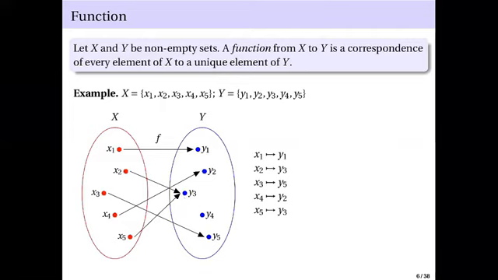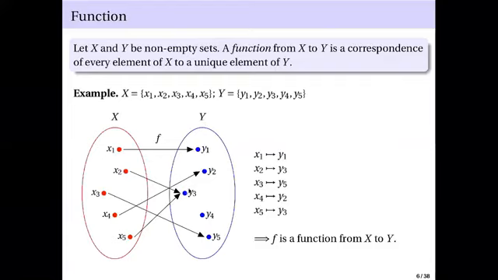So this relation f is actually a function from x to y. Every element of the set x is mapped uniquely to an element of y. Okay? Question.